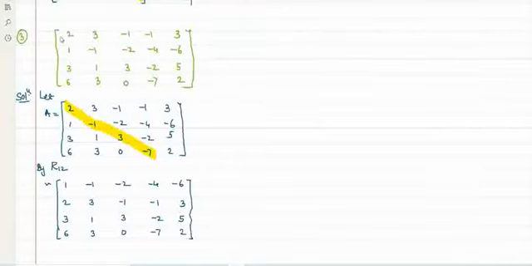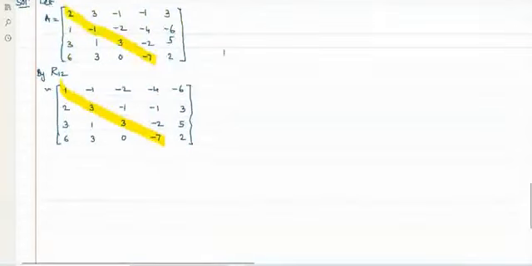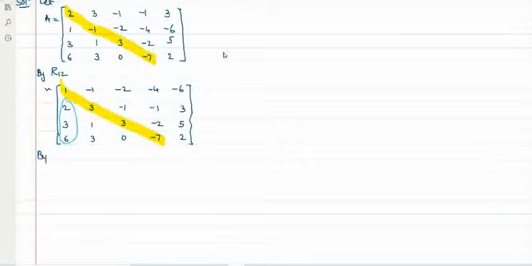It is not mandatory that the diagonal entry is 1, but if you easily get it, it is better. This is a diagonal entry. Now the elements below the diagonal, you have to reduce to 0. Tell me the transformation fast: R2 minus 2R1, R3 minus 3R1, R4 minus 6R1. Correct.